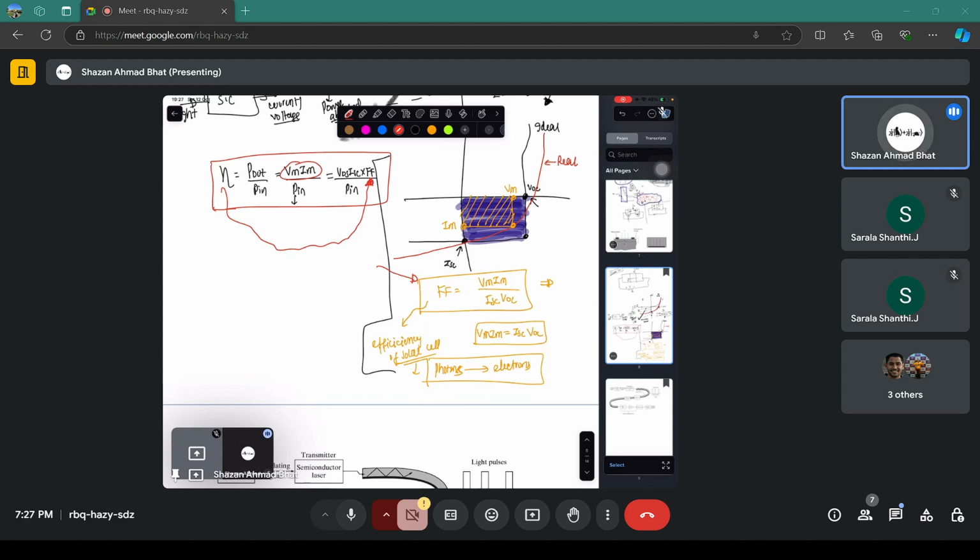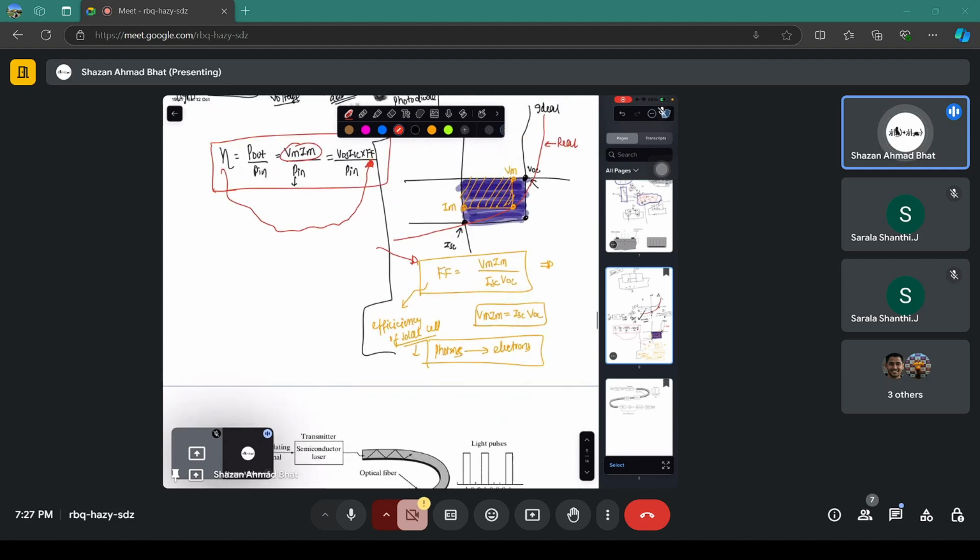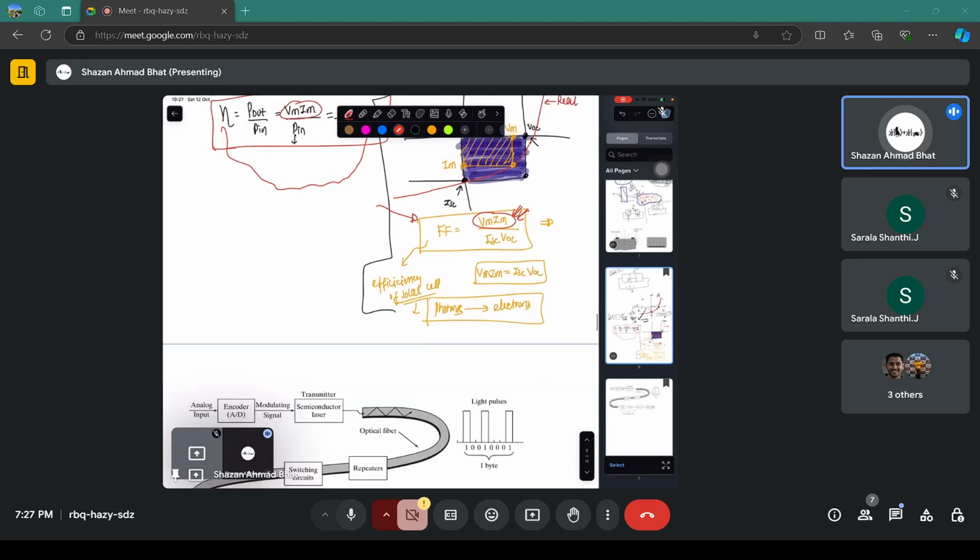So now what do you want to do? You want to increase this particular fill factor as much as possible. And for it, you want to increase the orange square in order to ensure that it matches the black square, the bigger one, so that the area under the curve increases. So that is the exact scenario we want in order to increase the efficiency of a solar cell.